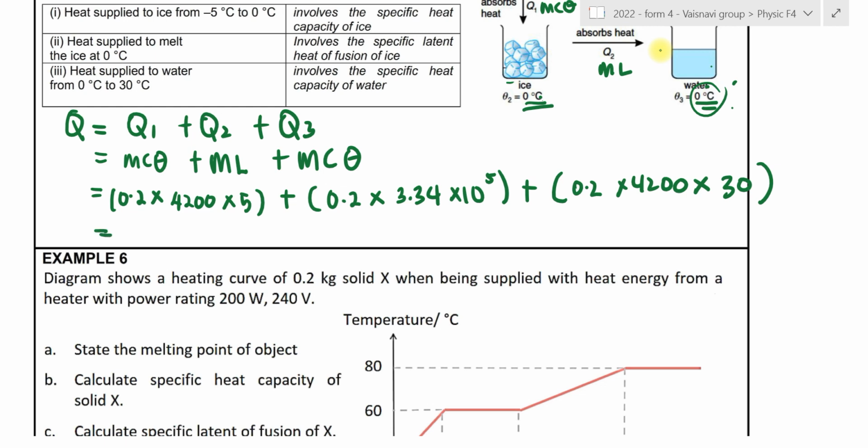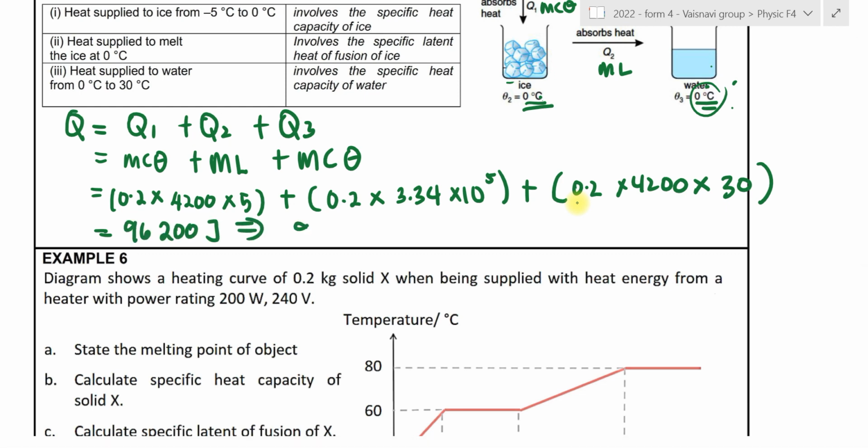How much is that? 96,200. Very good. 96,200 joule.